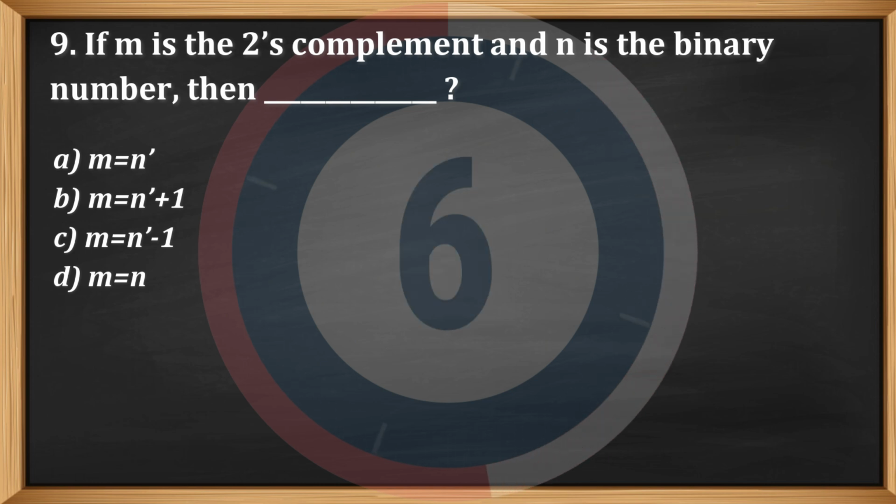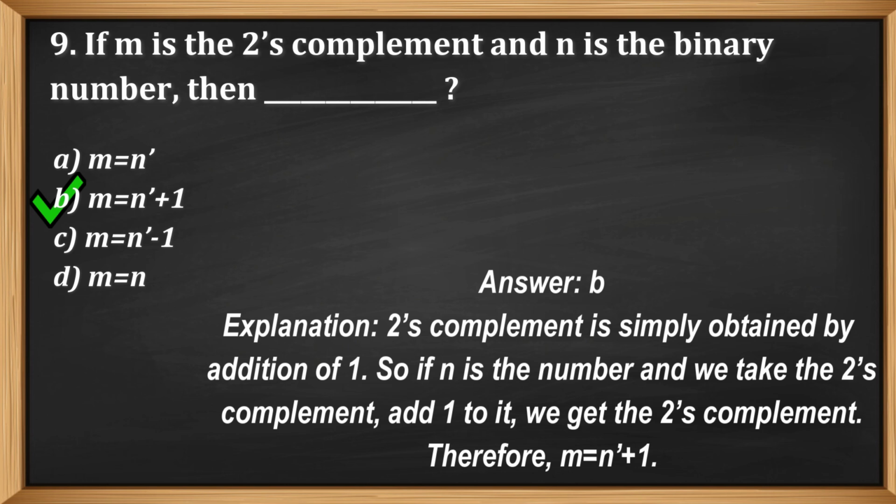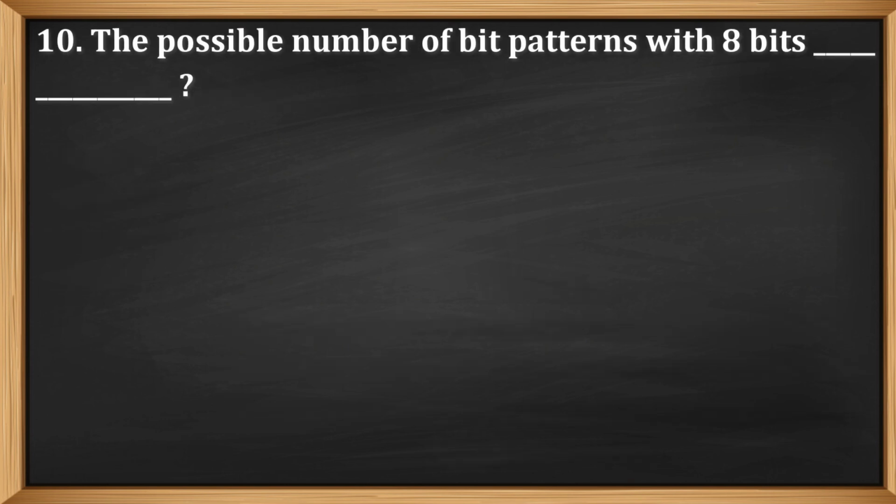If m is the 2's complement and n is the binary number, then option B, m is equal to n naught plus 1.